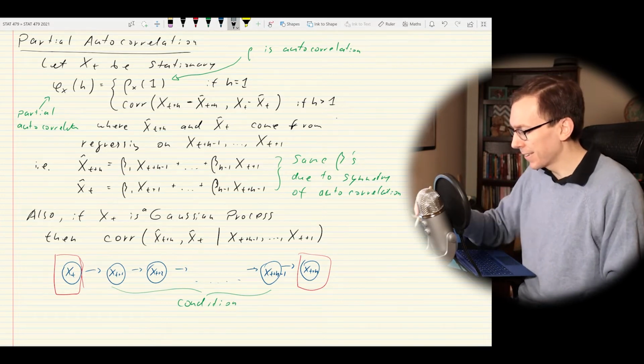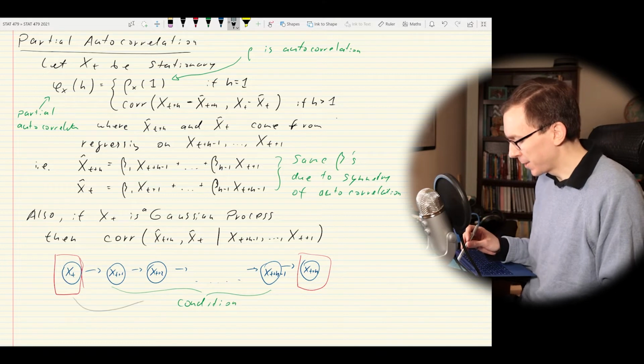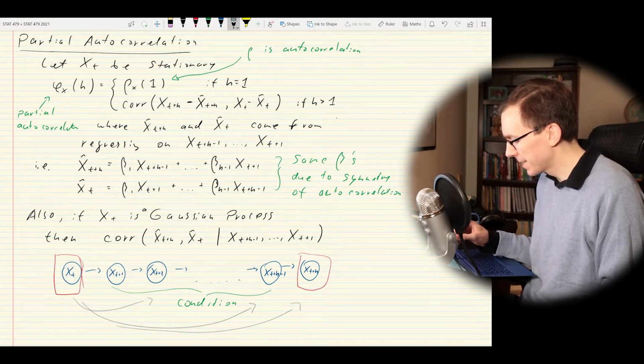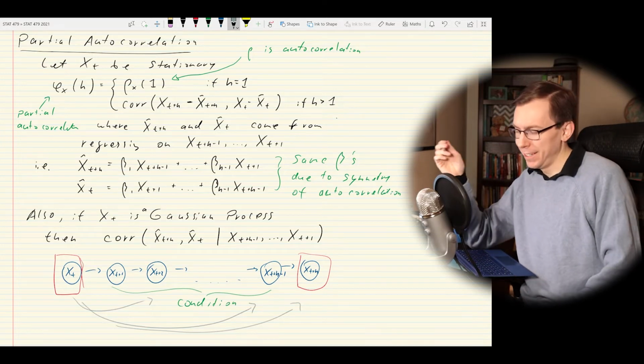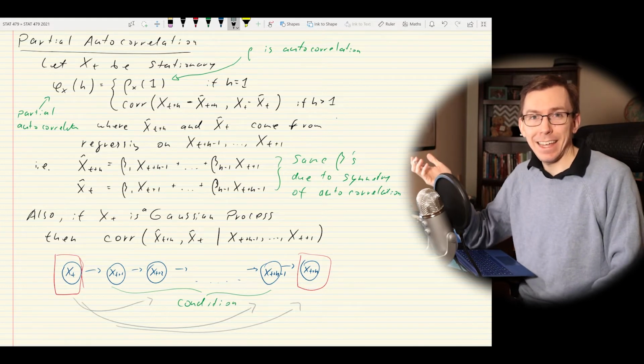But if I had other arrows here, like if there was some long-term kind of dependencies, then I would have some, I guess, partial correlation, even if I take out all those nodes.